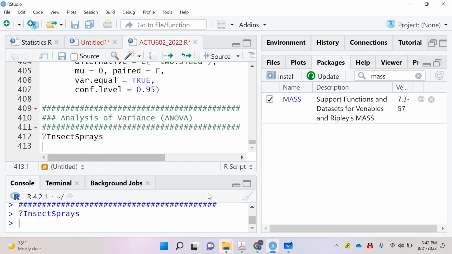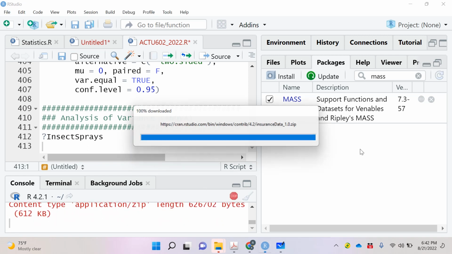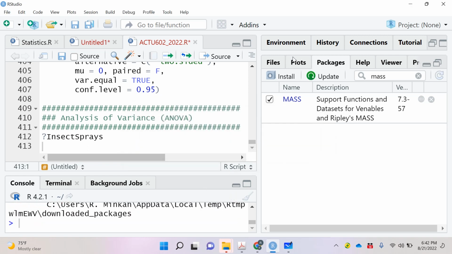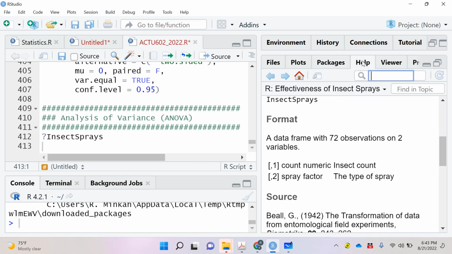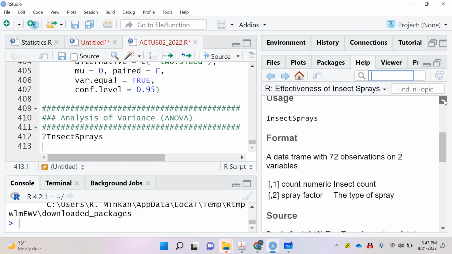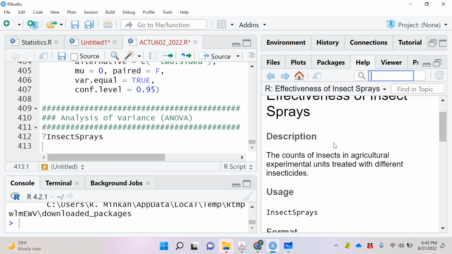Okay, let me see. Okay, so let's explore the insect sprays. What you can do is do a box plot for it and tell me. So it's about, you went to the help page. It says the count of insects in an agricultural experiment. So explore it by doing a box plot of it.